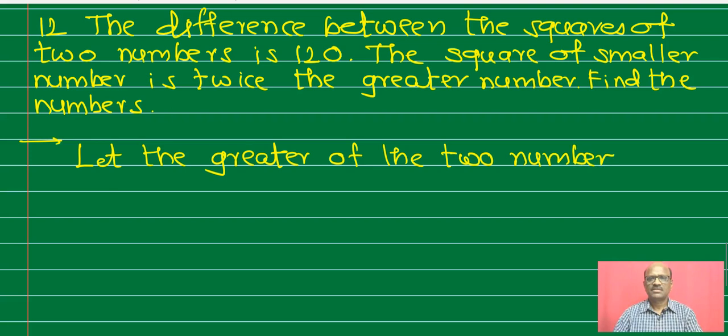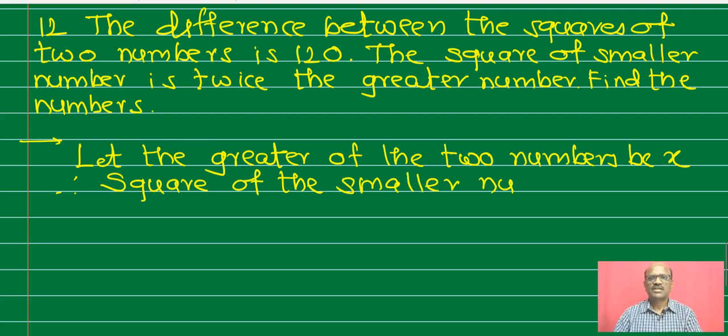Let the greater number be x. Therefore, the square of the smaller number is twice the greater number, that is 2x.